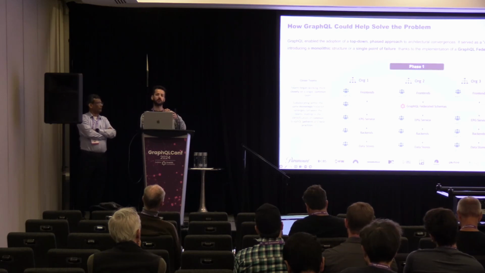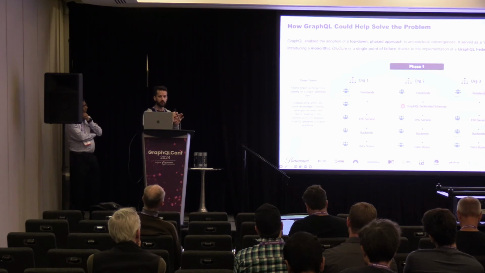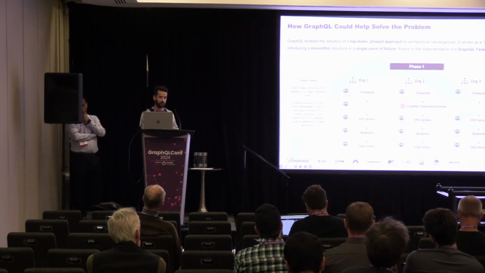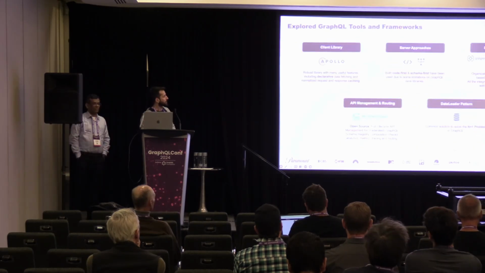This means that the supergraph had the data representation of all three organizations. And then we started to work on the data model convergence to simplify into just one single schema. So the initial approach, you ended up with basically three separate. Yeah.